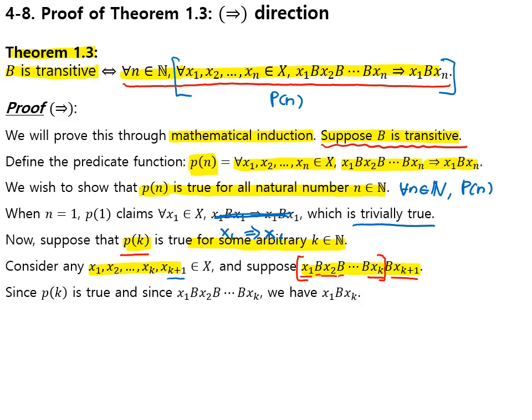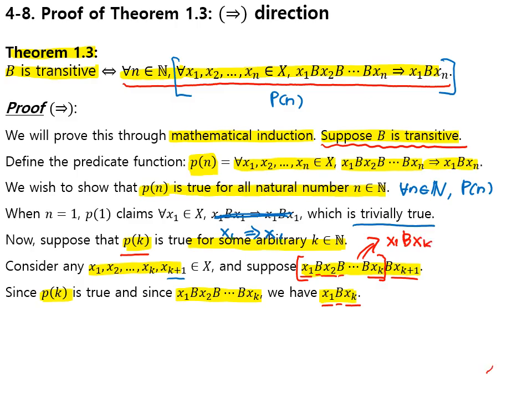Since Pk is true, the fact that we have this long chain from x1 to xk basically implies that the first element is related to the kth element by the binary relation B. Okay? So basically this part here implies that x1 is connected to xk, right?